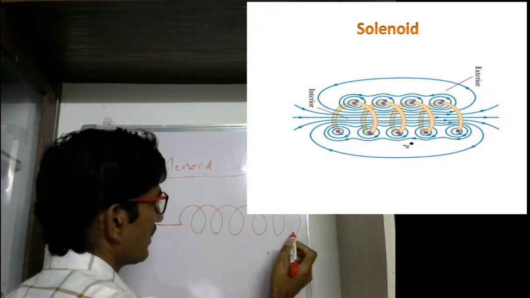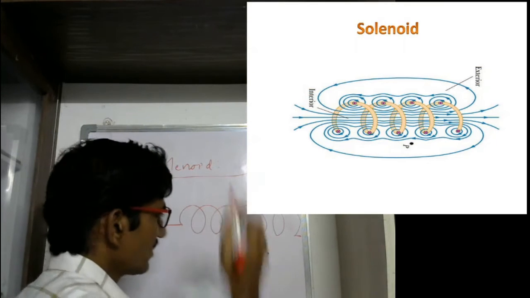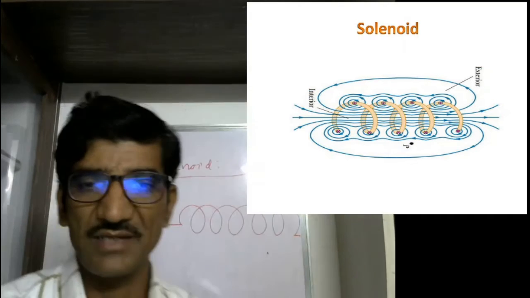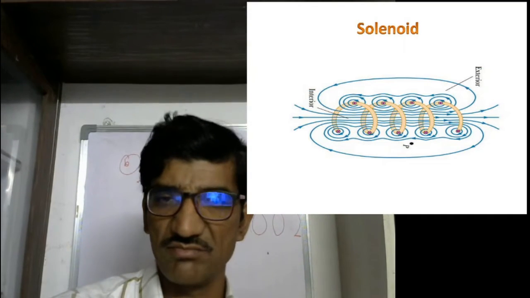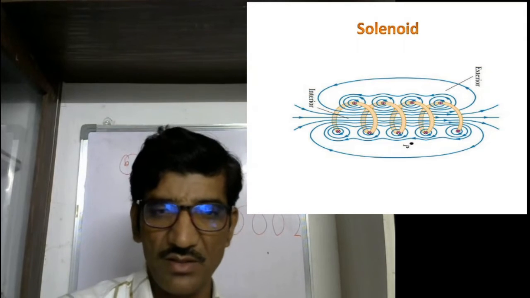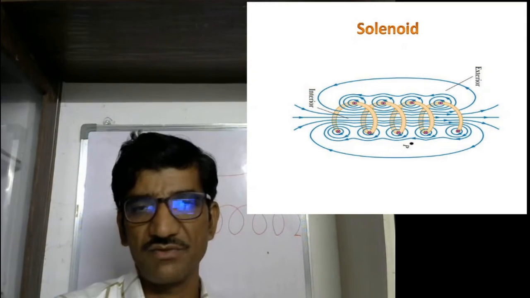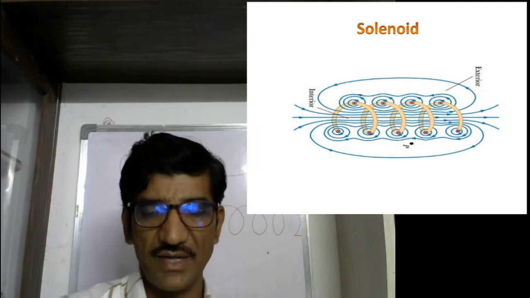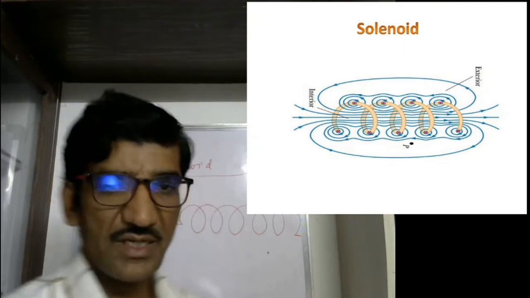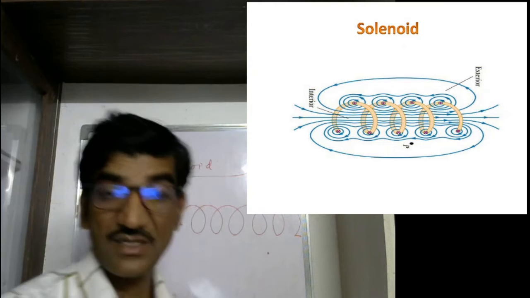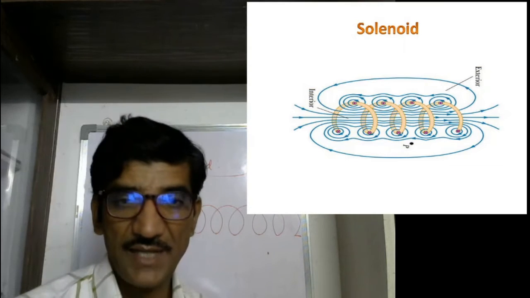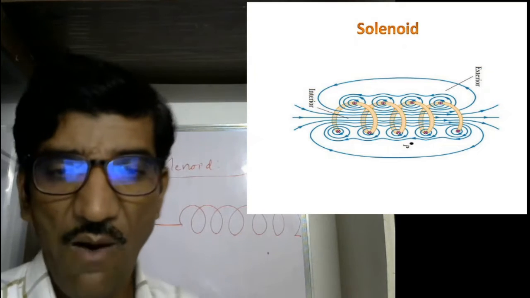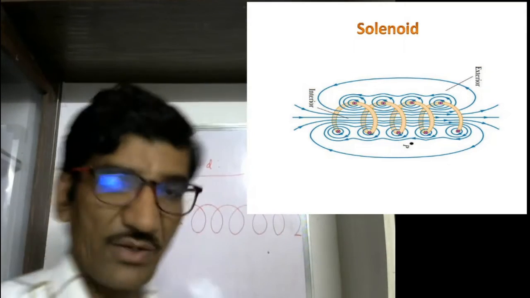This is a very simple device, but we are taking a very long metal coil, that means a long solenoid. We imagine that it is of infinite length, a very large solenoid. Compared to the diameter of this coil, its length is very high. We are taking such a solenoid.